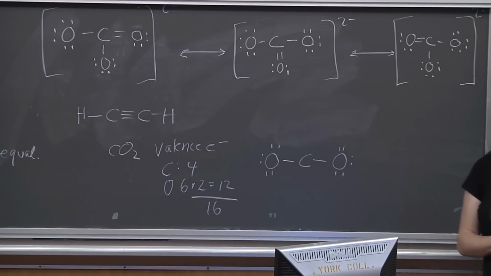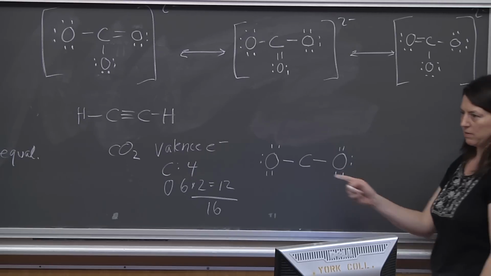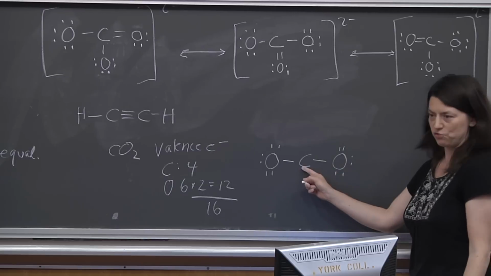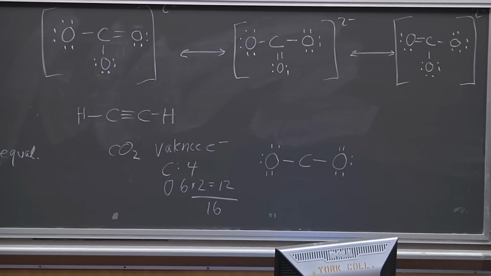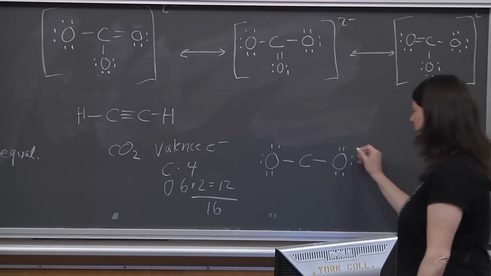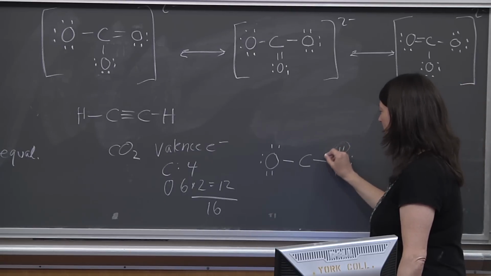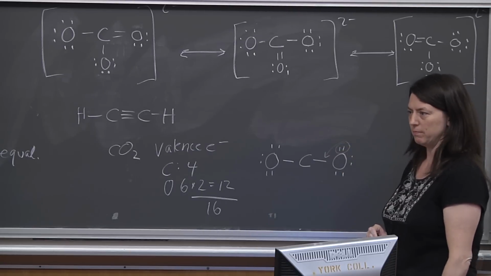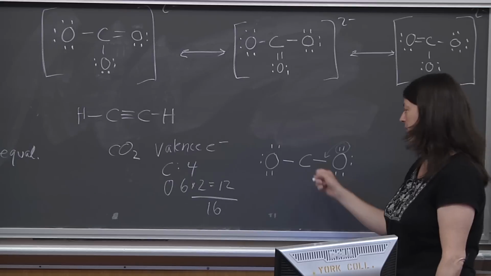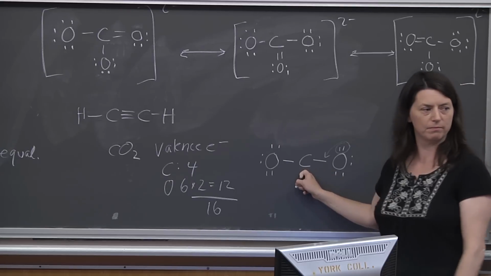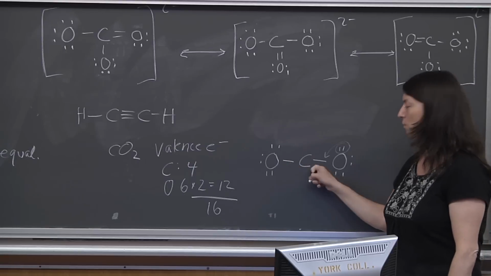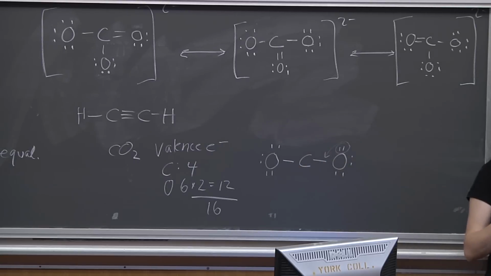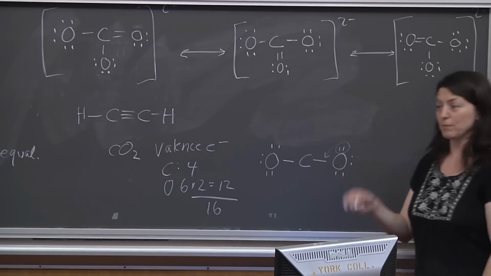This doesn't work, right? Because carbon is short. Carbon needs an octet. So now there's a couple of possibilities. One is you could say, I'm going to make this go into there and make a double bond. How many electrons would carbon have if I did that? 2, 4, 6. That's still not enough, so I'm going to have to do something else.